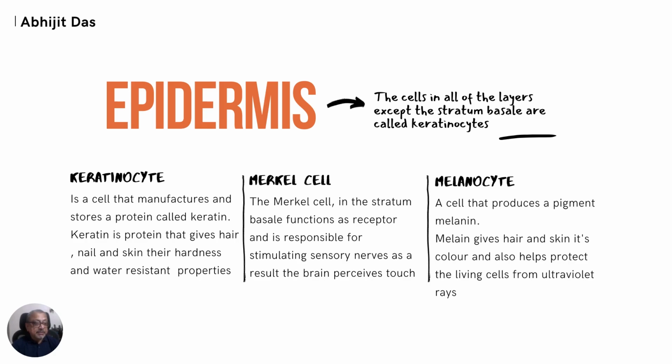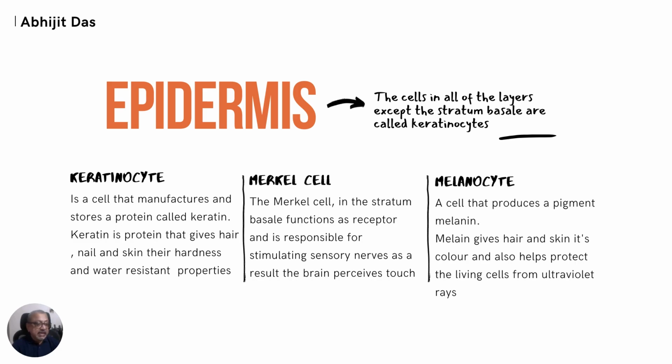Now, in the epidermis, all the layers except the stratum basale are keratinocytes. The keratinocytes are the cells that manufacture and store protein. Keratin is a protein that gives hair, skin, and nails their hardness and water resistant properties.